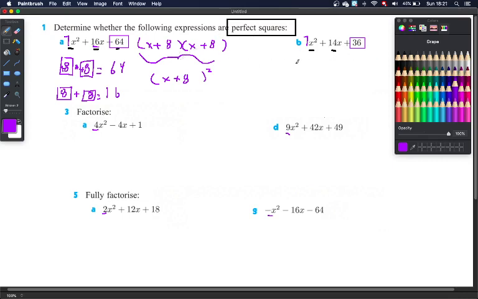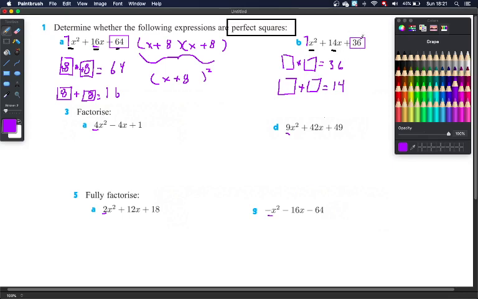If we try it again for this example, two numbers that multiply to get 36, and the same two numbers that add up to get 14. So can we think of those two numbers here? Let's see. Two numbers, so 36 and 14. So we know 6 times 6 is 36, but 6 plus 6 doesn't give us 14. So we have to try and think of some other numbers.